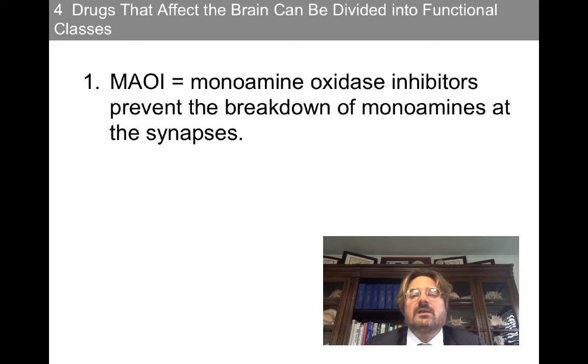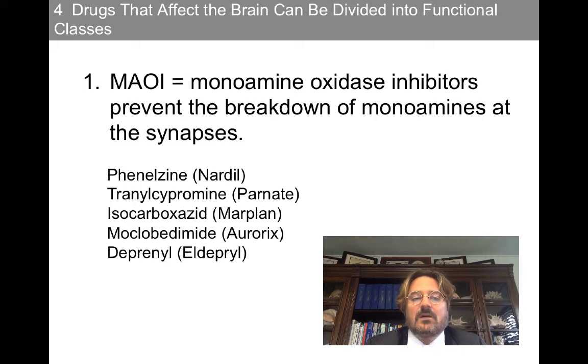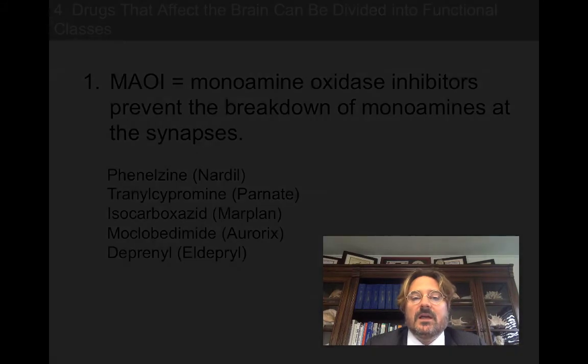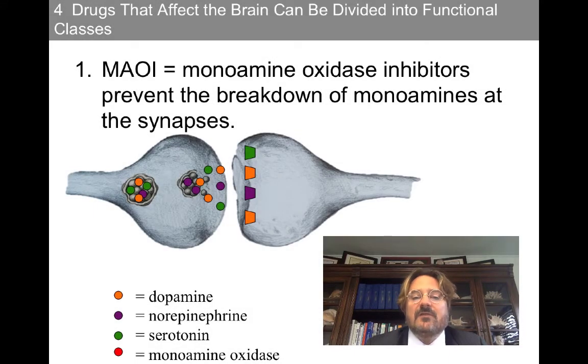They prevent the breakdown of monoamines at the synapse. So we have a list of some different ones, Nardil, Parnate, Marplan. But basically, they have the same general effect. What they do is they prevent the breakdown of these monoamines. So the orange circles, again, are going to be dopamine. The purple ones are going to be norepinephrine, and the green ones will be serotonin.